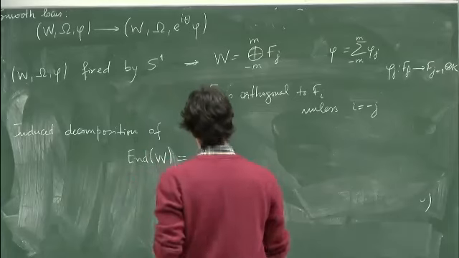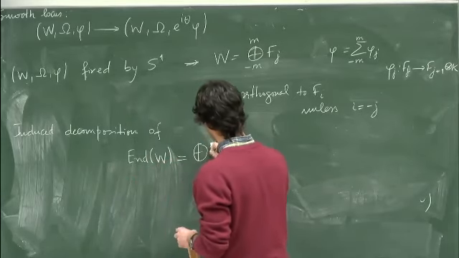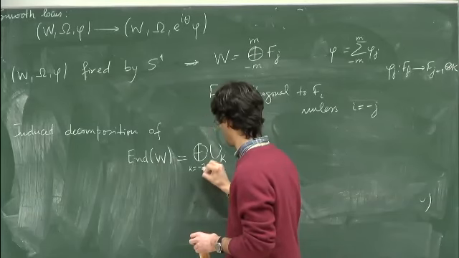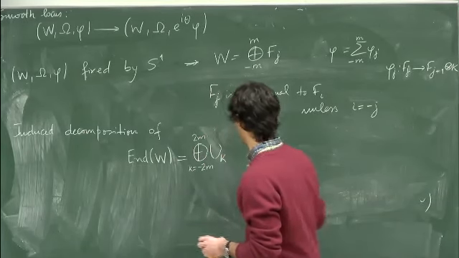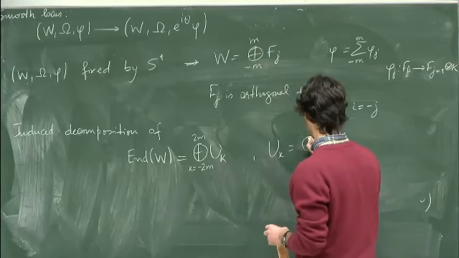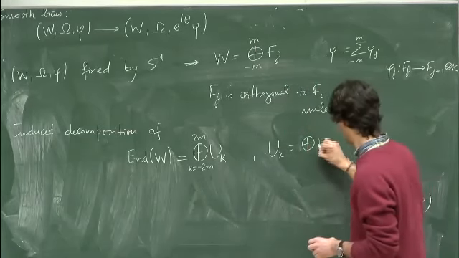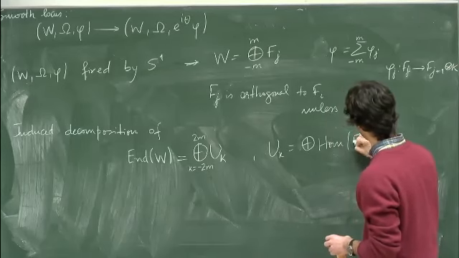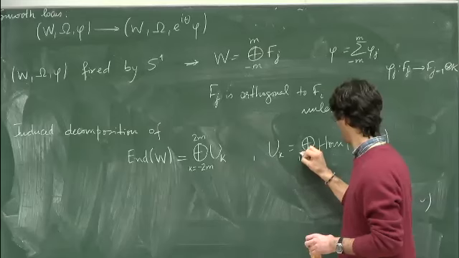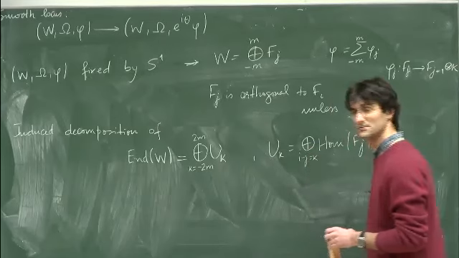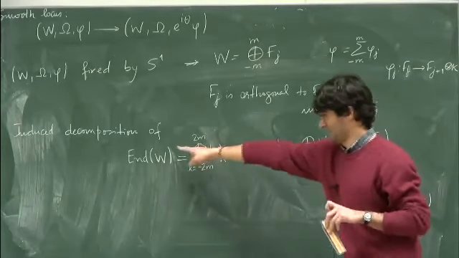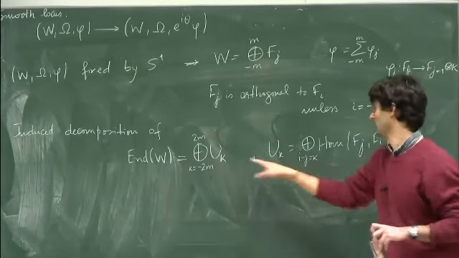So we take this as a direct sum of some UKs, from minus 2m, where each UK is the sum of the homomorphisms from fj to fi when i minus j equals k. So this decomposition of W gives rise to this decomposition of the endomorphisms of W, into UKs, where UK is this.